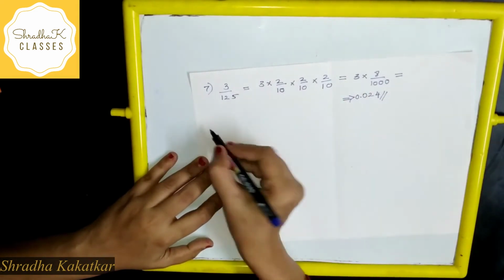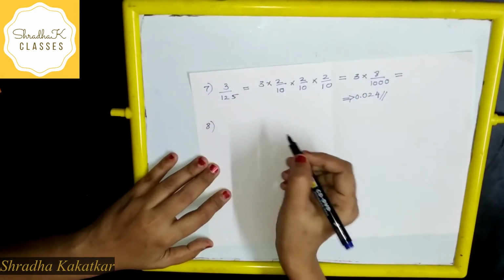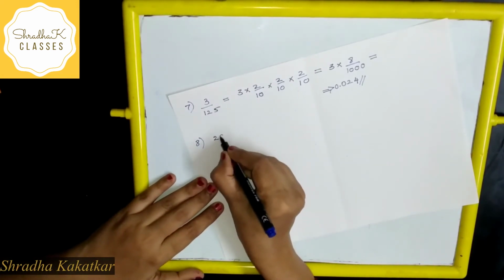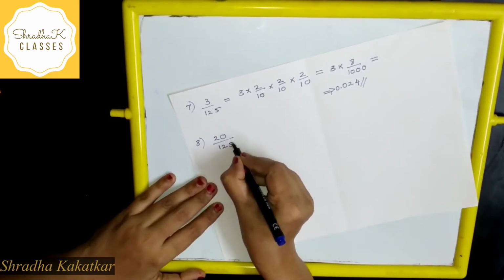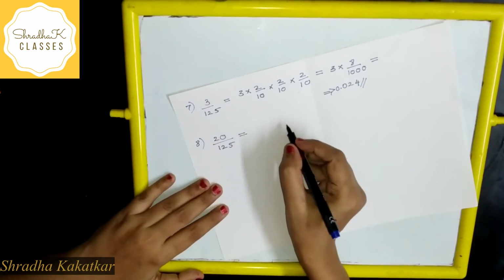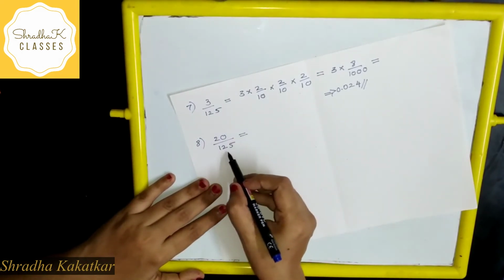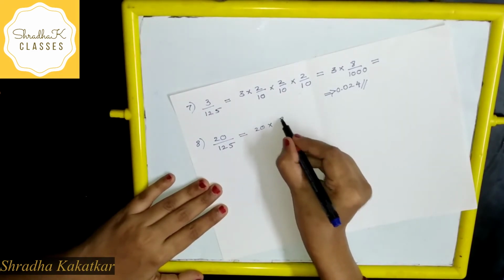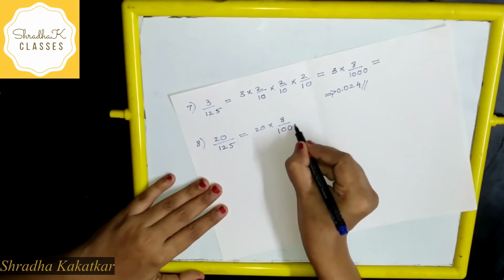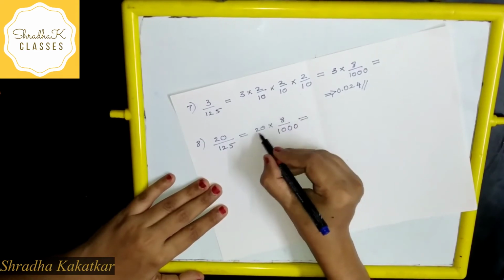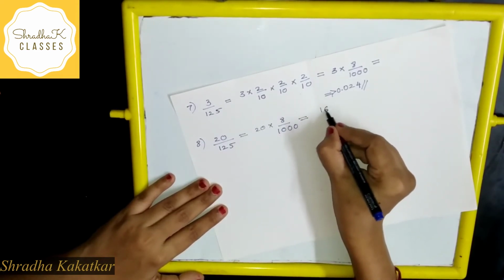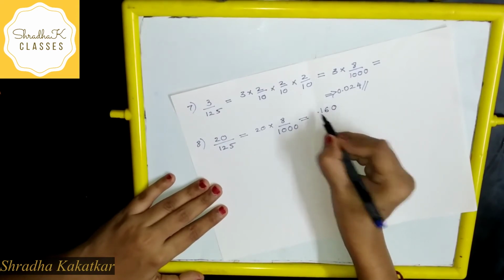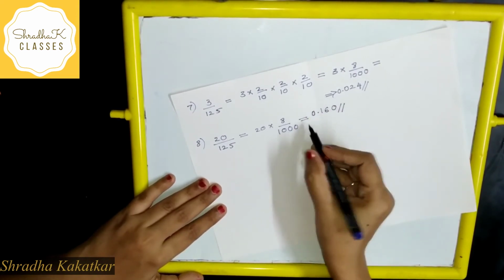Next, let's take the number 20 by 125. So what will you do now? You know when there is 125, you have to multiply by 8 by 1000. Now 8 into 20 is 160. How many zeros? 1, 2, 3, so give the decimal point accordingly. So this is your answer.